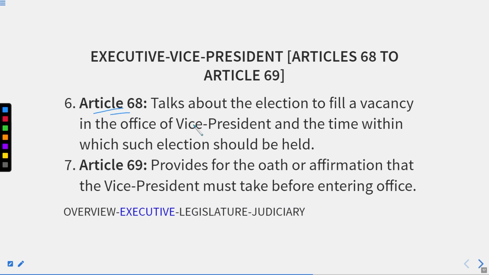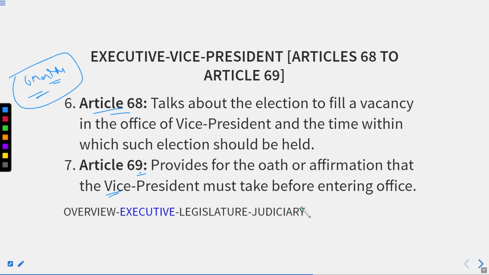68 talks about the election to fill a vacancy in the office of vice president and the time within which such election should be held. Okay, it is also for the 6 months of the vacancy of the office. 69 provides for the oath or affirmation that the vice president must take before entering office.